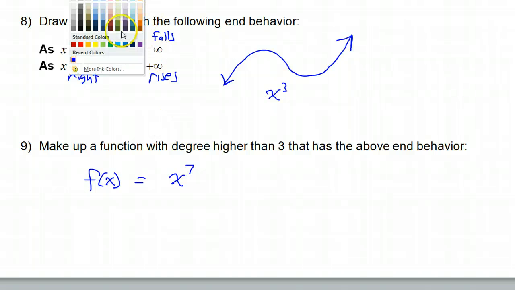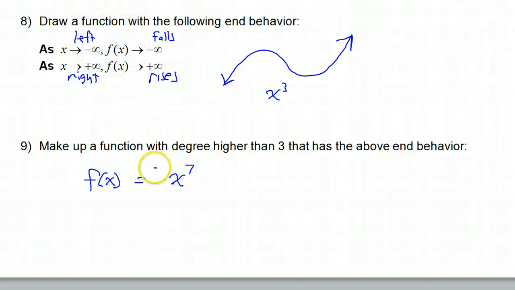But the rest of it is up to you. So I could do 2x to the 7th power plus 4x minus 6 or whatever. Doesn't matter whatever else I want to put on it. But this would have the same end behavior as this because it's positive and odd degree.